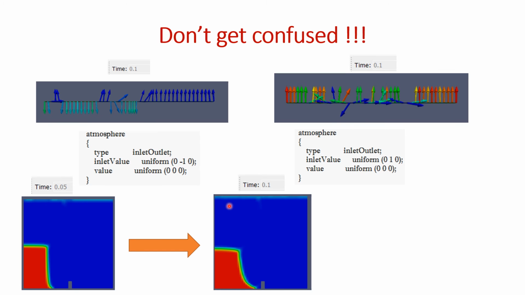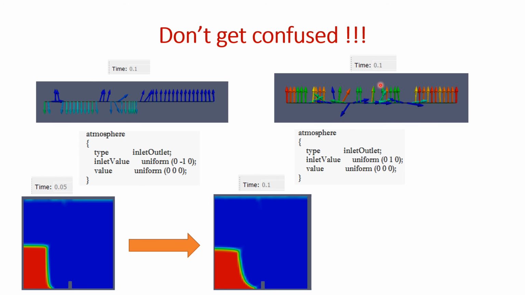Now, what is the problem? What to keep as the inlet value? People, like I also felt in the beginning, think to keep just a uniform (0 1 0), which is in the y direction, so that the inlet value will directly point inside the domain. But it is not like this.